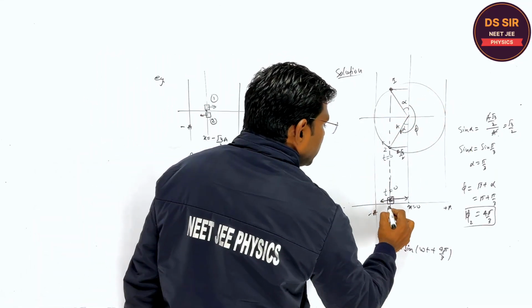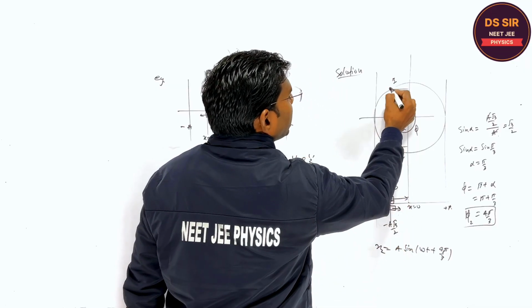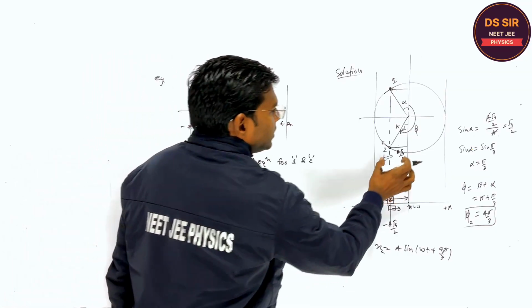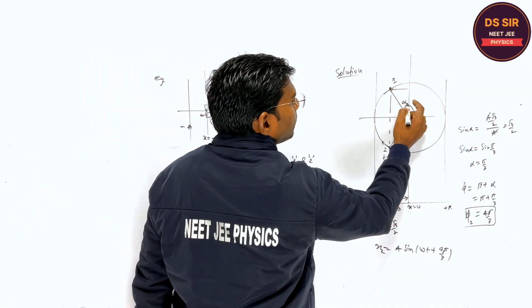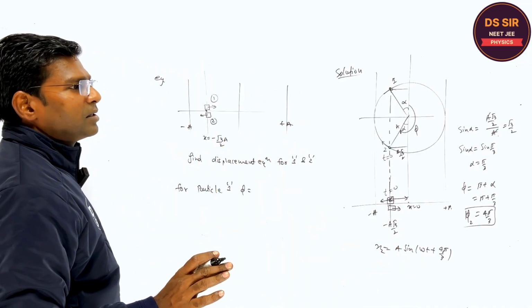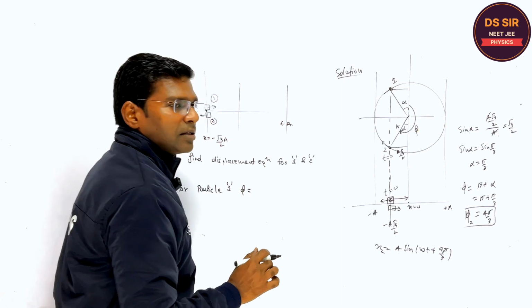If the particle is going right in this way, its corresponding particle is present on the circle here, and this is root 3 by 2. Alpha is what? Sorry, alpha is pi by 3.